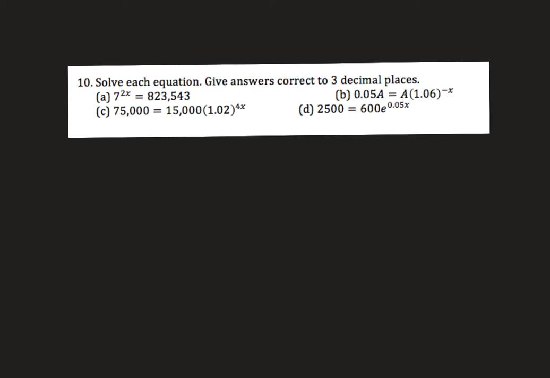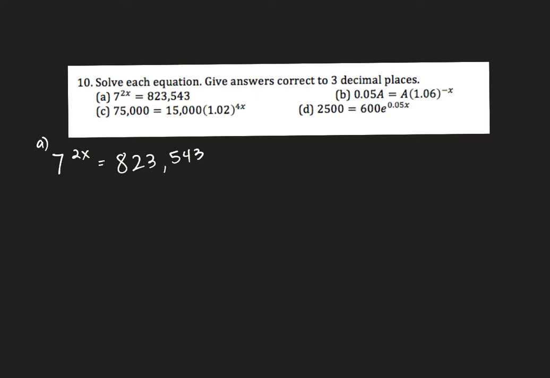So say, for example, if I have 7 raised to 2x, I'm working on this letter A. 7 raised to 2x is equal to 823,543. So for me, what I typically would do, I would just take the logarithm of each side, but keep the same base, the base that we have there. So I want to keep the base 7.